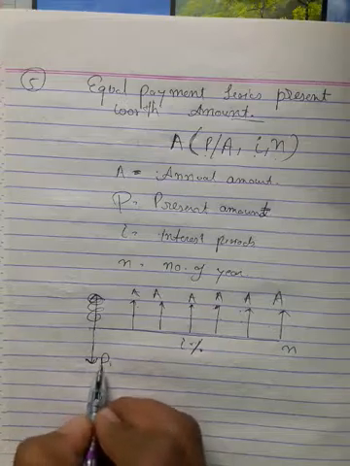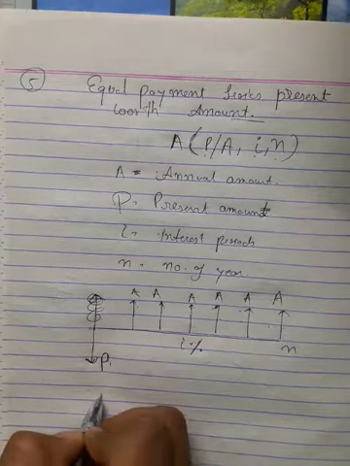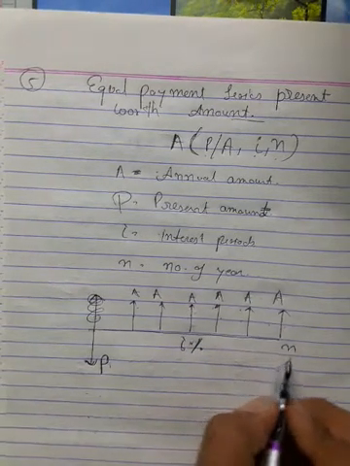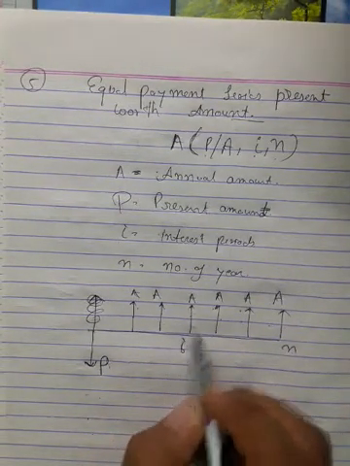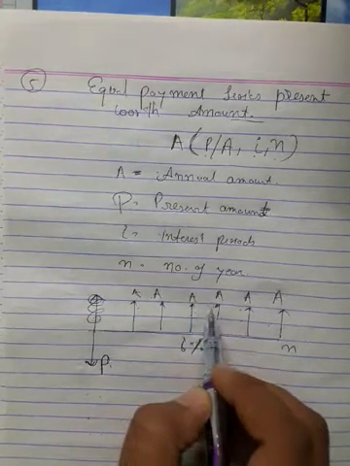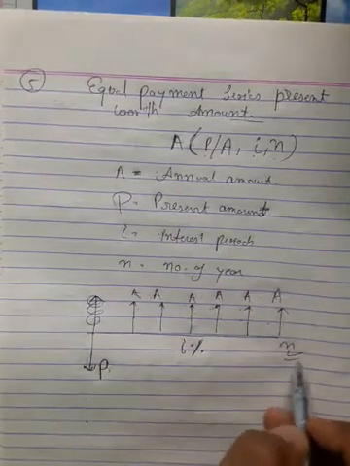Presently how much should they pay in the bank, with an interest rate of i for n number of years, so that the second person gets an equal amount every year for n years.